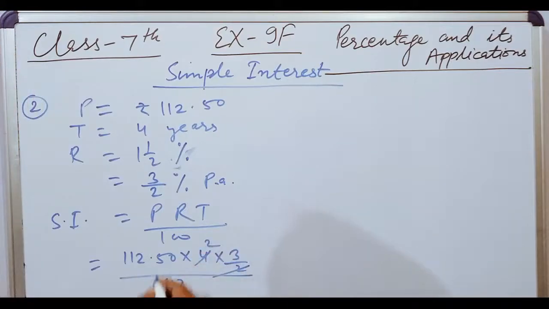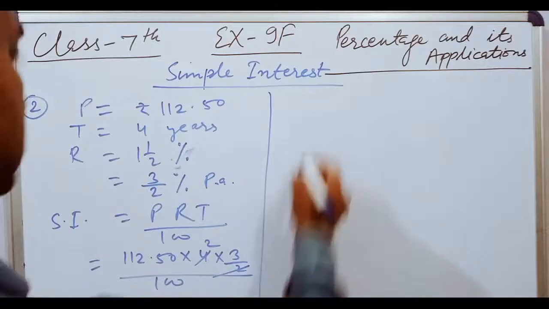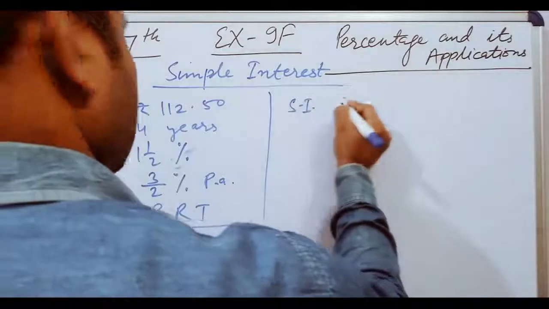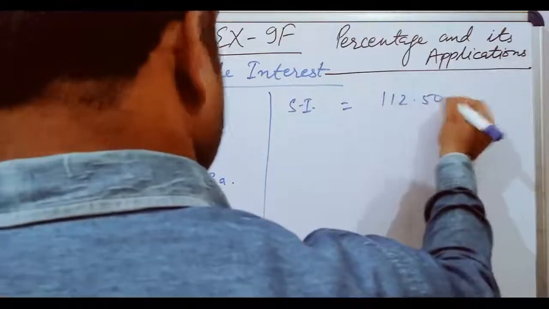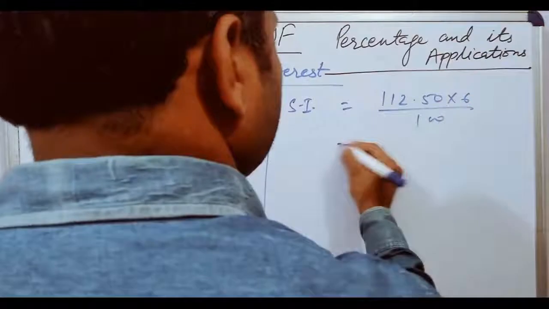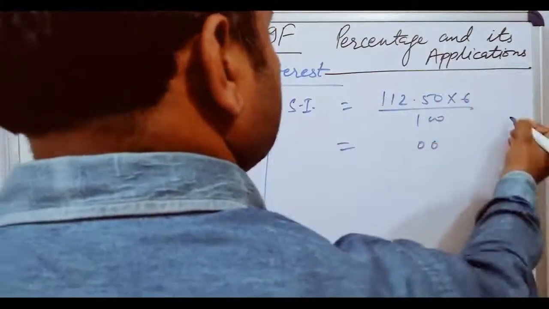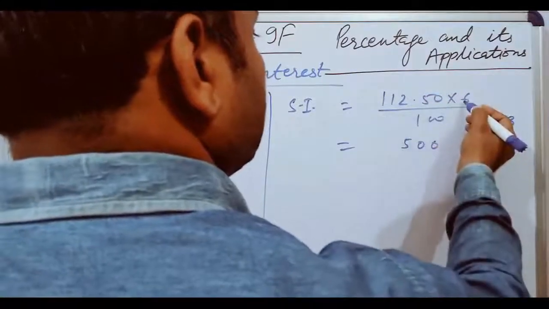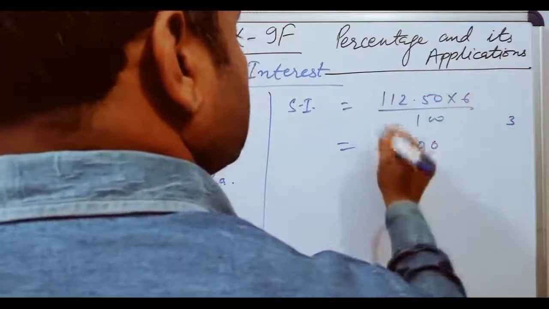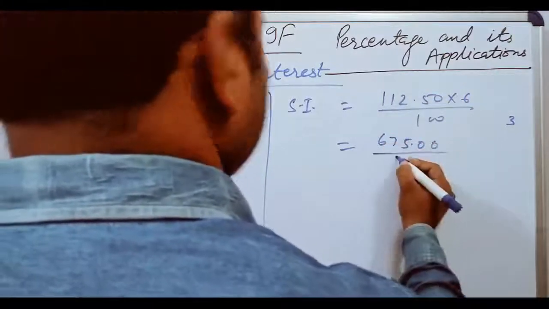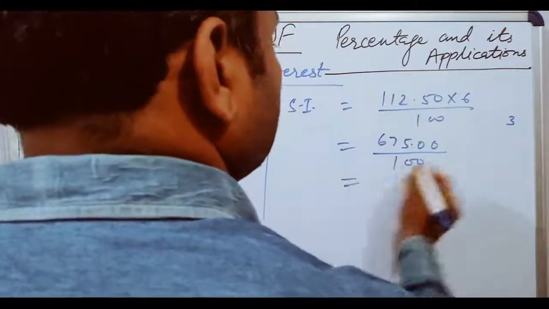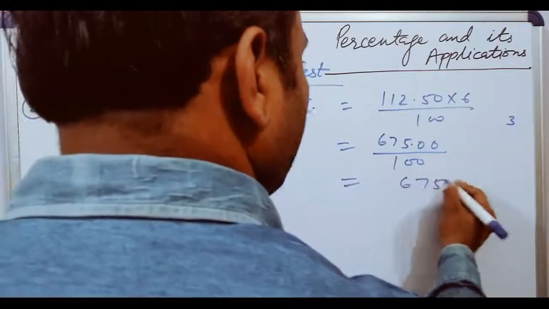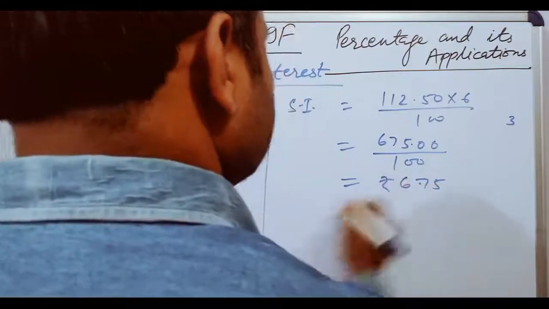The 2s cancel, giving 112.50 into 6 upon 100. Multiplying gives 675, and putting the decimal gives 6.75.